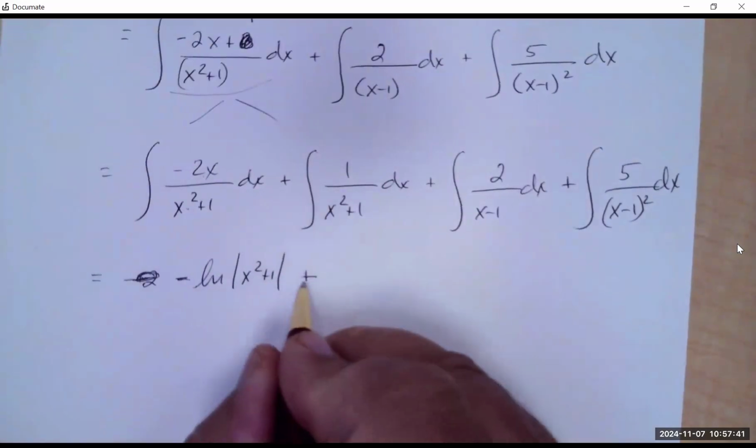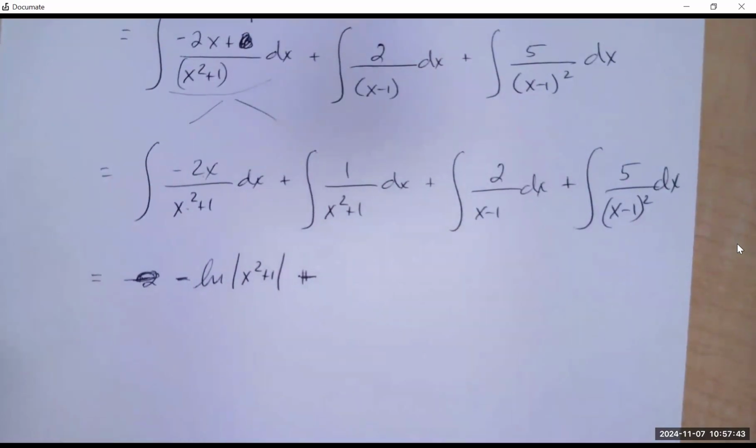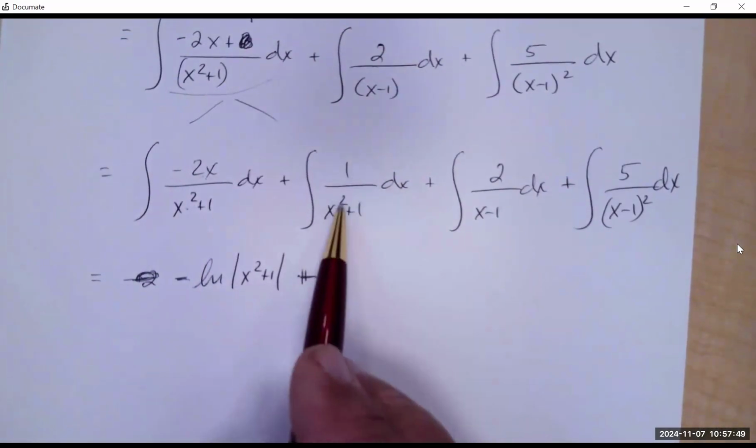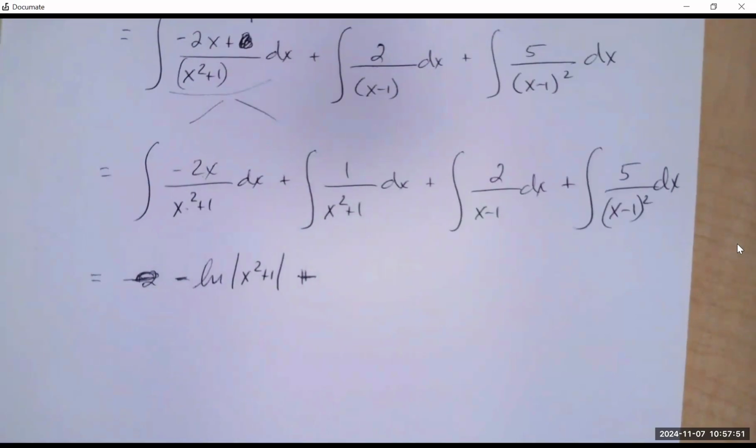Let me save you some time. You should have access to those charts at any time from here on out. Look for the integral of 1 over x squared plus 1. Where's your chart? You have to have them here because we're going to be doing all these different problems.